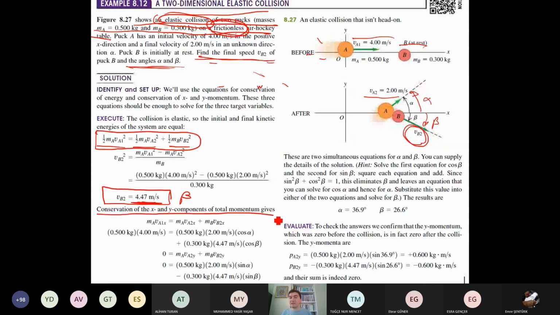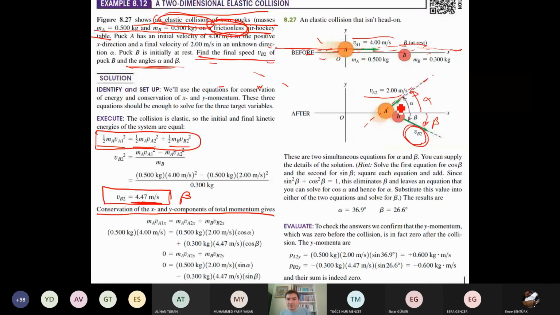But in this case, you must be very careful. Before the collision, we have movement only in this direction, along the positive x. Okay, so you can consider only momentum along the x-axis. But after the collision, what happens? Look at the A object. Look at the B object.